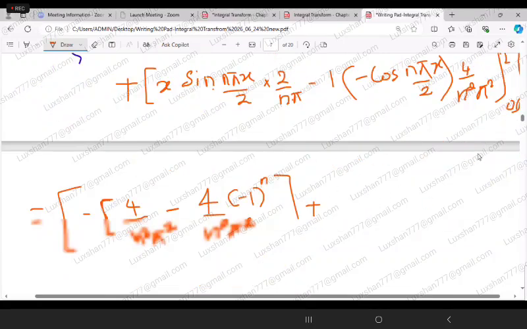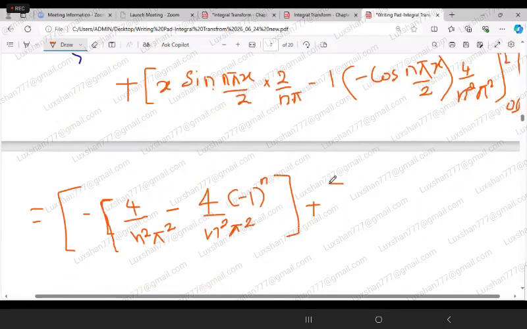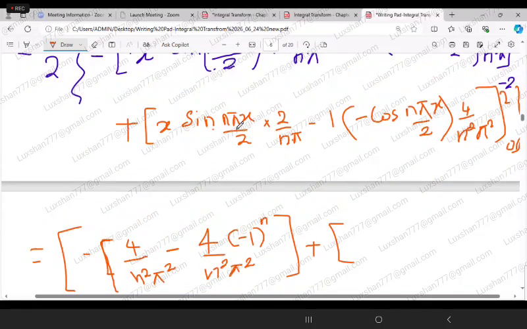Similarly here also, when you substitute x equal 2, this part becomes 0, this part becomes 0. Here minus into minus is plus, here minus into minus is plus. Then it becomes 4 into minus 1 to the power n over n squared pi squared.